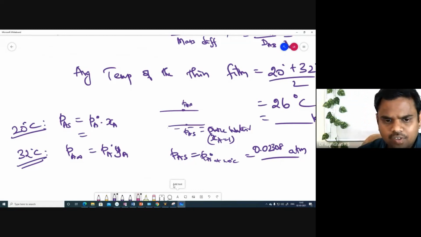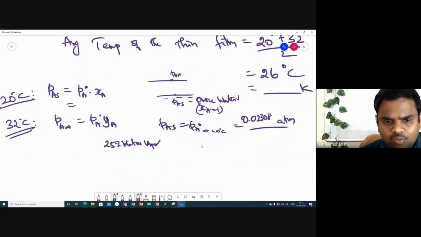Similarly, what is PA infinity? It is given that the humidity is 25%. That is, the water vapor percentage is 25%, right? So that way we have YA equal to 0.25, and the PA naught value at infinity is also given in the table.